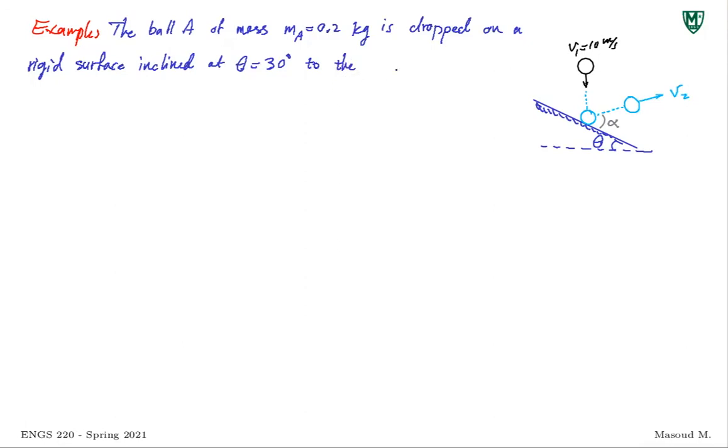I don't know if it grammatically makes sense, to the horizontal, inclined at theta equals 30 degrees to the horizontal surface. Well, you get the idea.